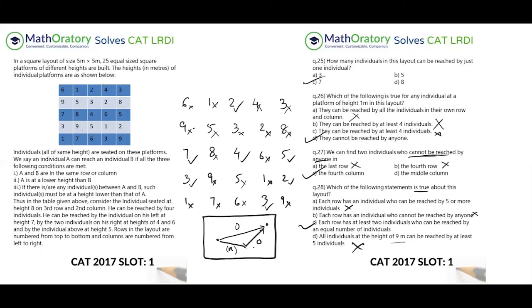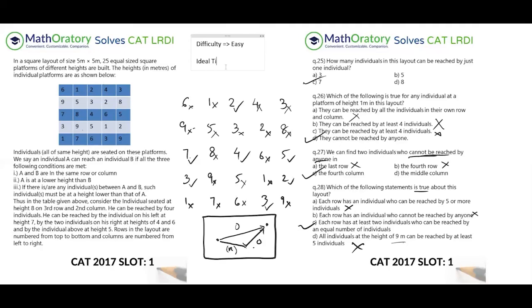So let me take some time to analyze one thing about this set. First of all, in terms of difficulty level, I will definitely categorize this as an easy one, because there's not anything to do as such in this set. It's definitely an easy DI set. In terms of the ideal time that you should spend, let me put it this way.